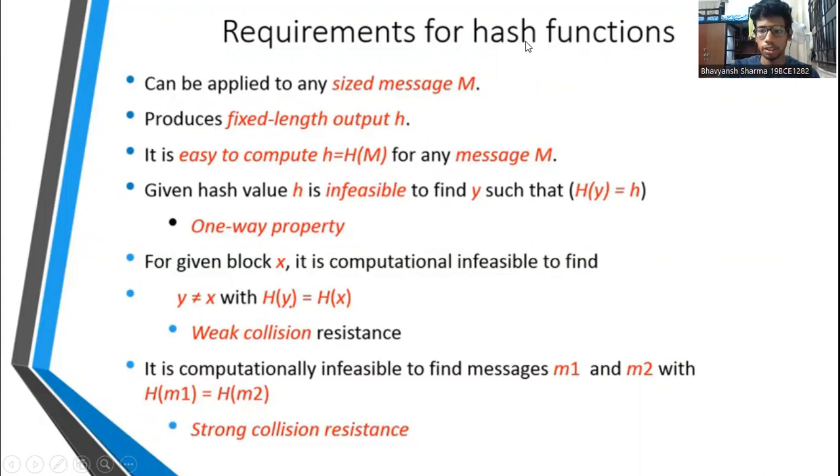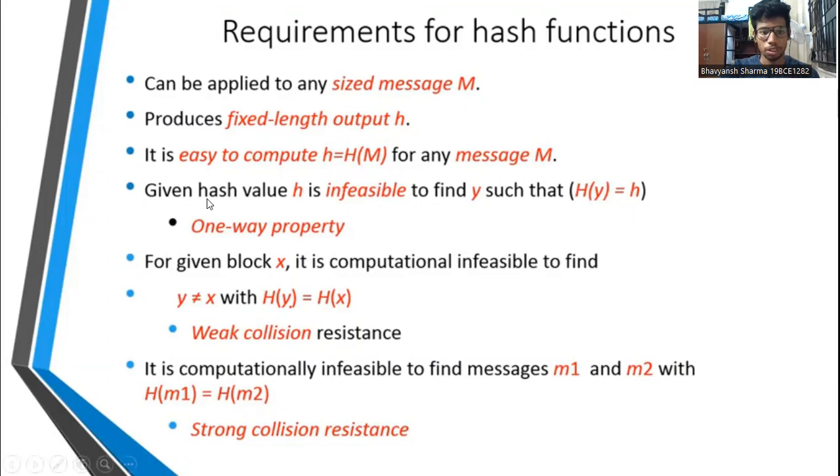Second, it should produce an output of fixed length h. It should be easy to compute h equal to H(m) for any message. It shouldn't take much time to compute the hash algorithm, which gives us the output as hashed.